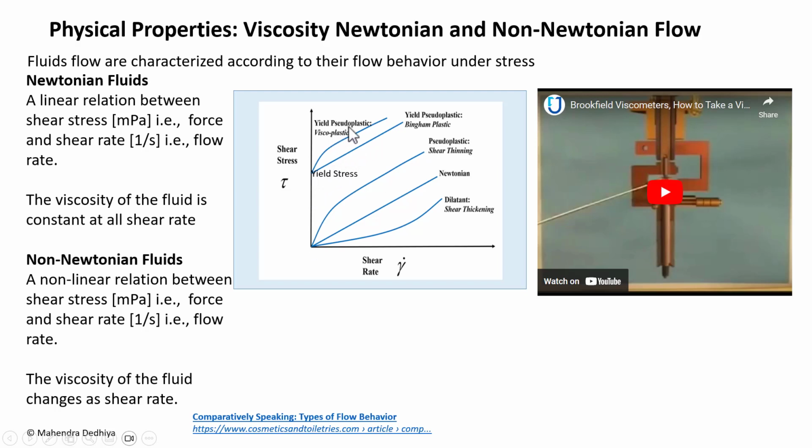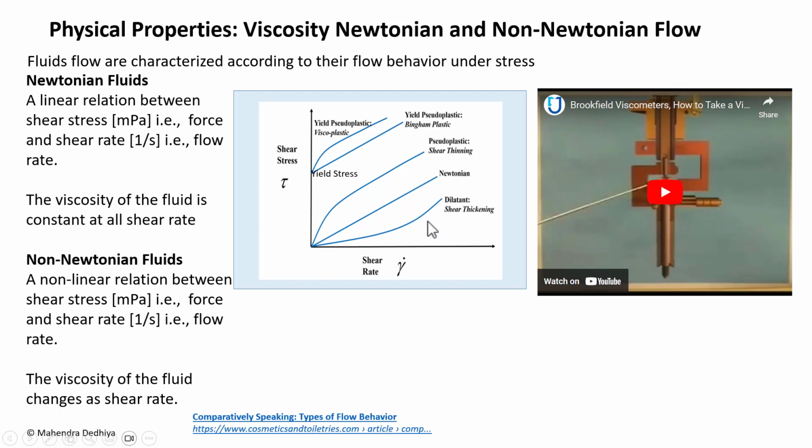These are yield pseudoplastic or viscoplastic material. The product will not flow until certain force yield stress is applied, and then it will flow in proportion to the shear stress or similar to pseudoplastic material. Dilatant, that's shear thickening.